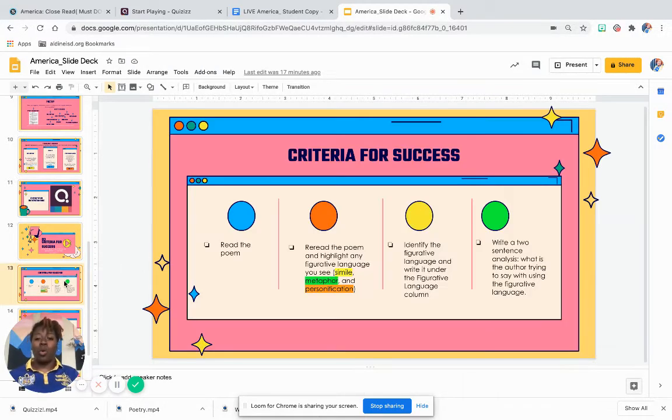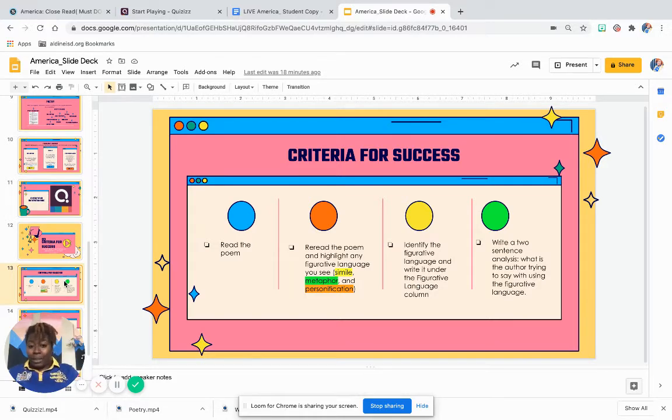All right. So criteria for success for today. The first thing we're going to do is read the poem. We're not going to stop. We're not going to highlight yet. Right now, we're just going to read the poem straight through. After we read it, we're going to reread the poem, a second look at it. This time, we're going to highlight any figurative language we see.